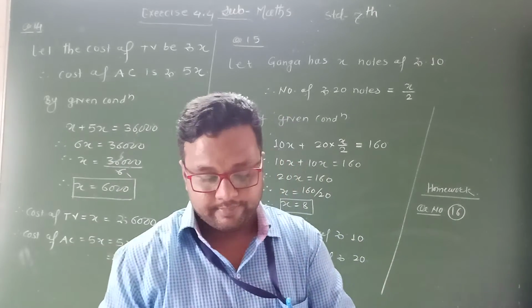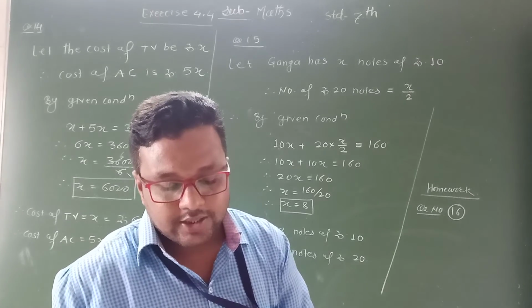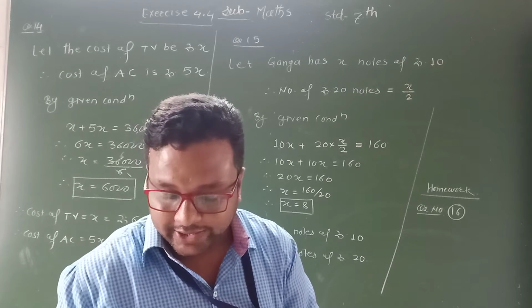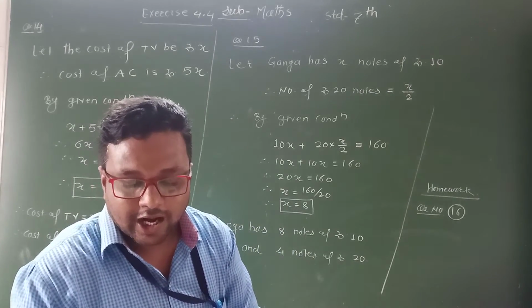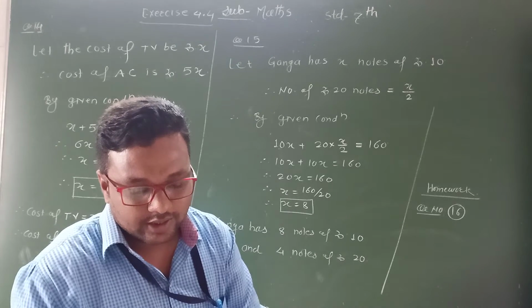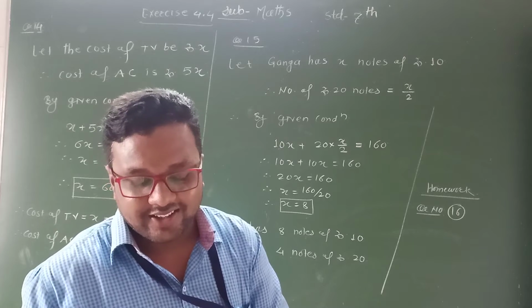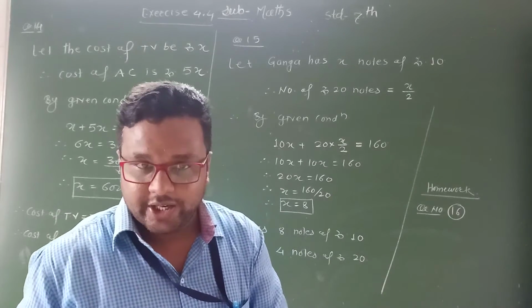Question number 15. The question is given. Ganga has rupees 10 notes and some rupees 20 notes, and the number of 20 notes is half the number of rupees 10 notes. If she has rupees 160 in all, find the number of notes of each denomination.